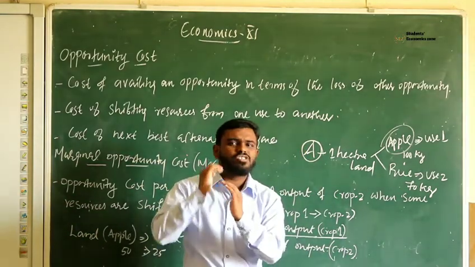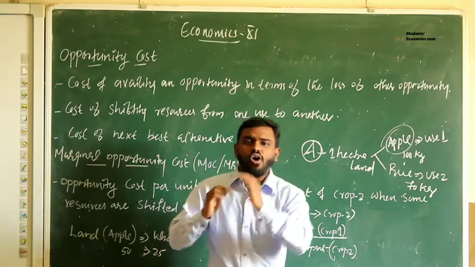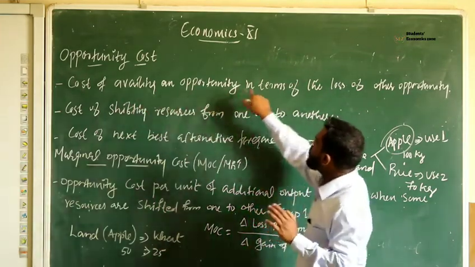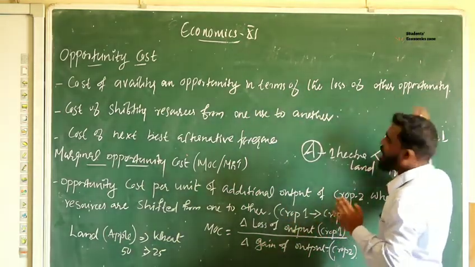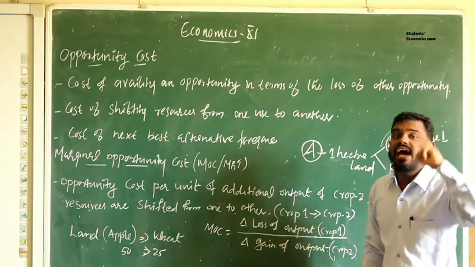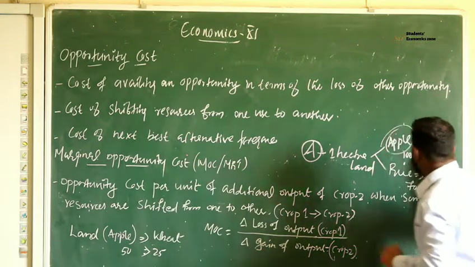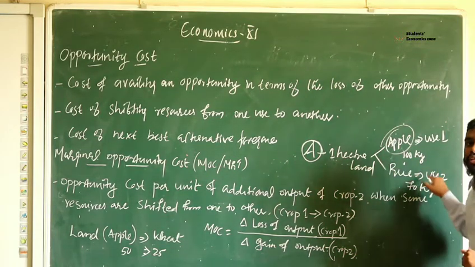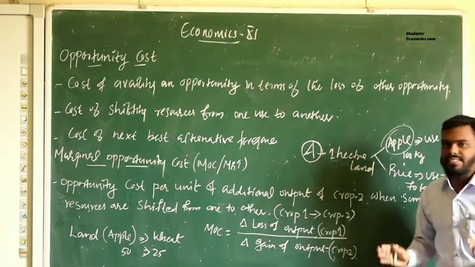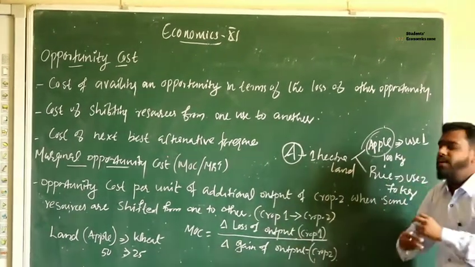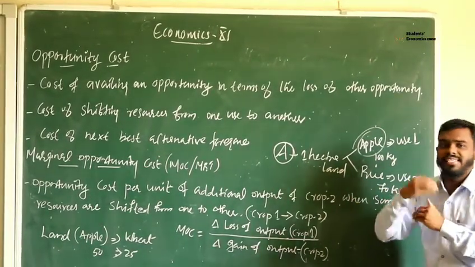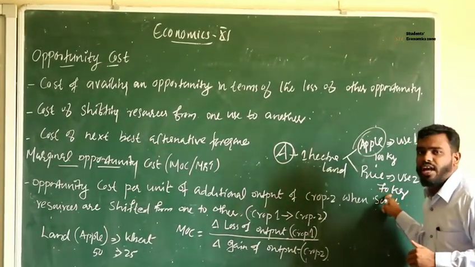So this is known as opportunity cost. Opportunity cost is the cost of availing an opportunity in terms of the loss of the other opportunity. Here we have two opportunities: opportunity 1 is production of apple, and opportunity 2 is production of rice. If we choose opportunity 1, then he is sacrificing 70 kilogram of rice.